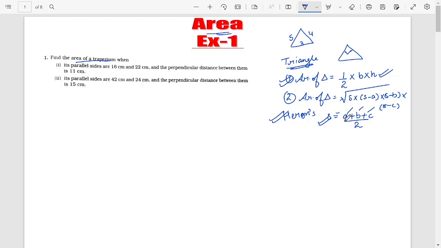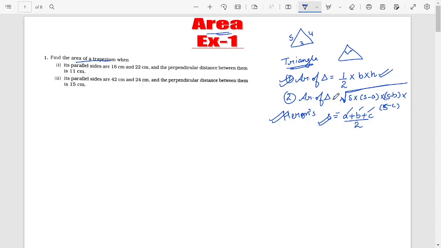After finding the semi-perimeter, we apply the formula: square root of s multiplied by s minus a multiplied by s minus b into s minus c. I will erase it and write it properly. So this is the formula to find the area of a triangle in which all three sides are given.